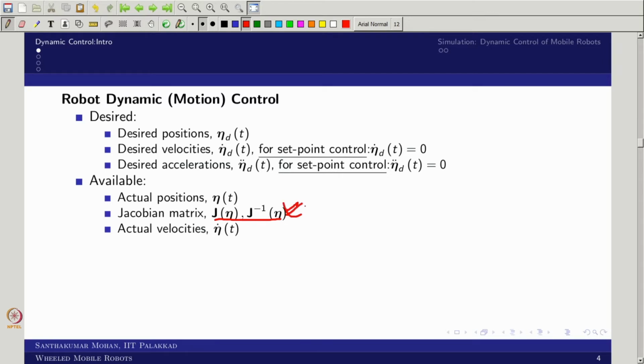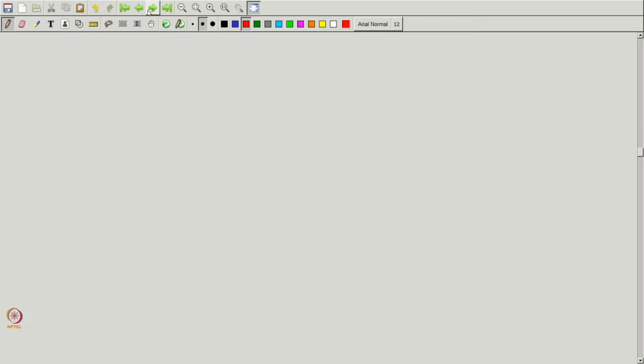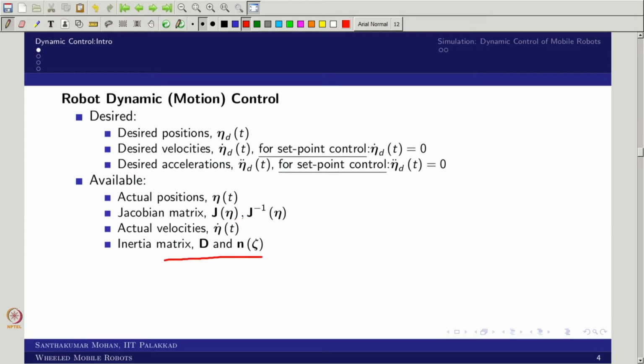If we are doing model based control, which we already saw, then the model is also available, in the sense that you would know the inertia matrix accurately and the other effects also accurately. These are all available.